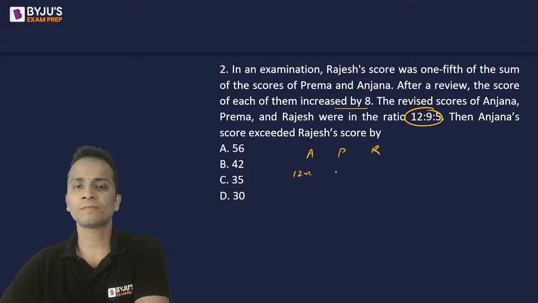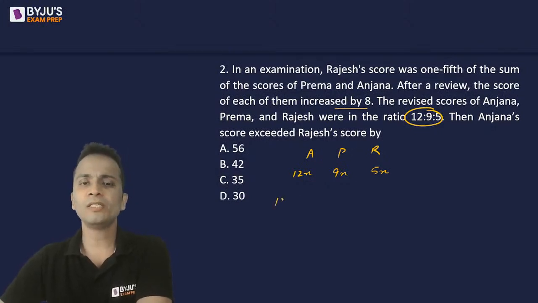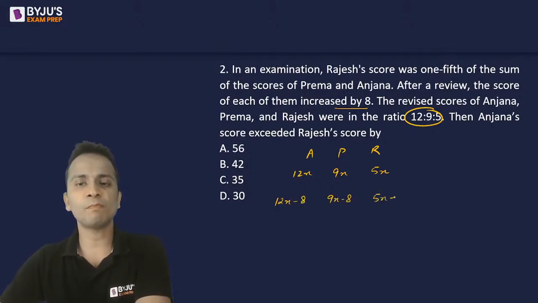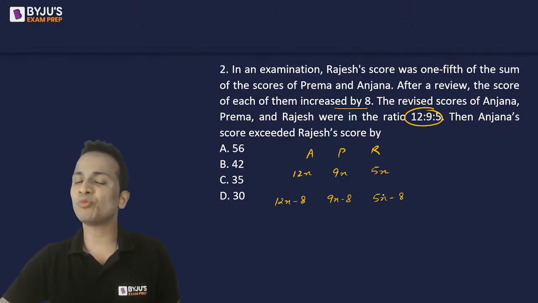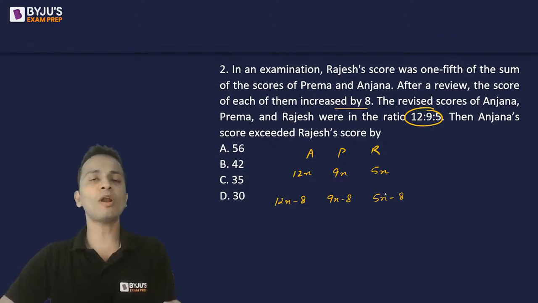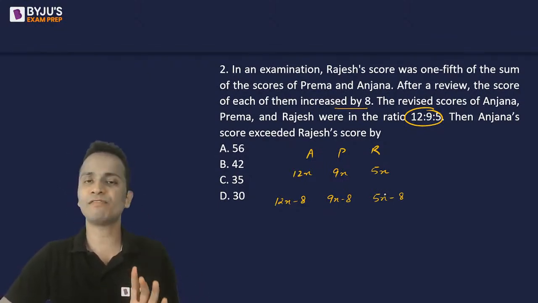So 12x, 9x, and 5x. I'll assume the score after revision. So scores before revision will be 12x minus 8, 9x minus 8, and 5x minus 8, because for each of them the score increased by 8. So before revision the score will be 8 less than the scores after revision.